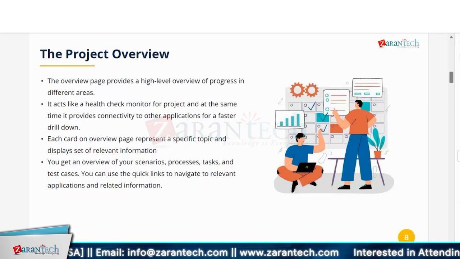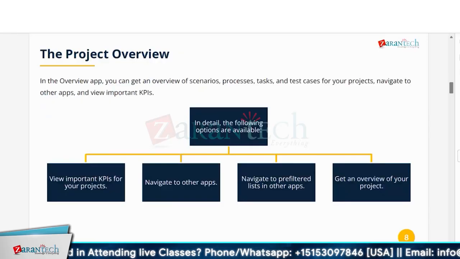Or you can see, based on solution processes, what the status of requirements is, how many requirements or user stories each solution process has. So from those cards you can directly navigate to the particular app, and have a detailed look at what you are looking for.